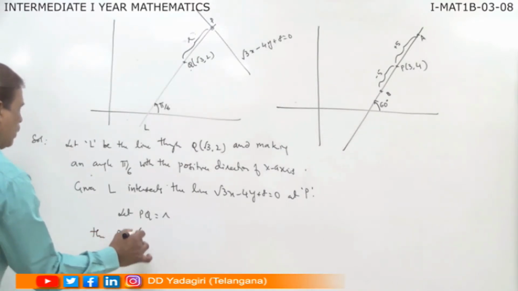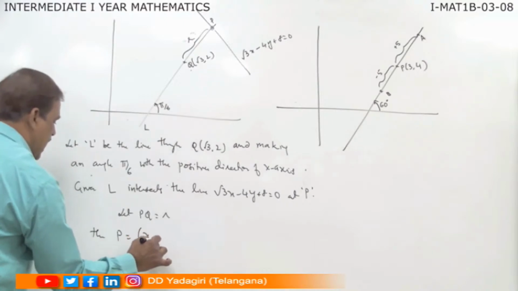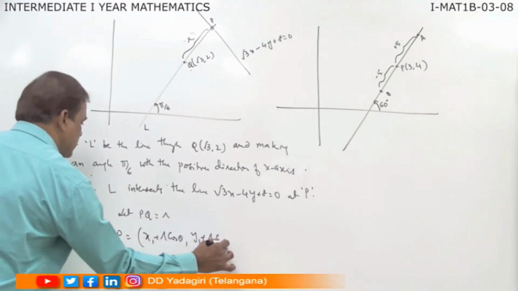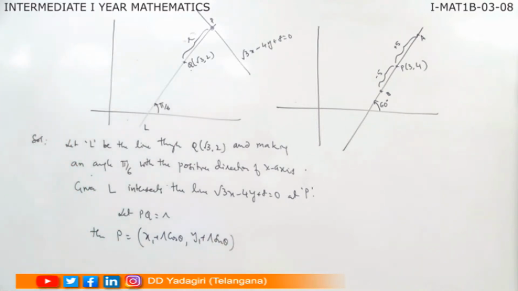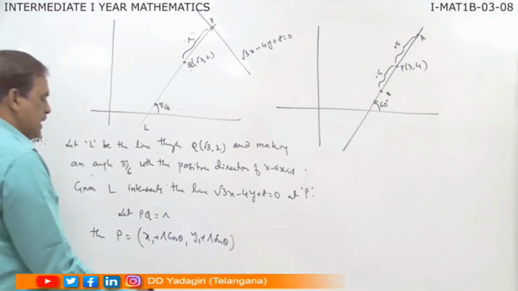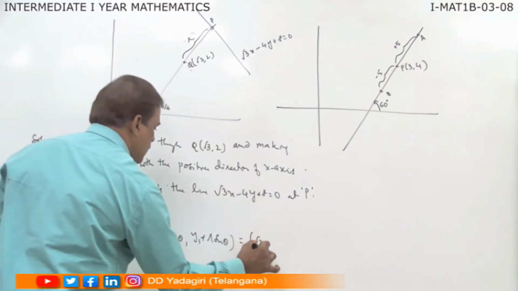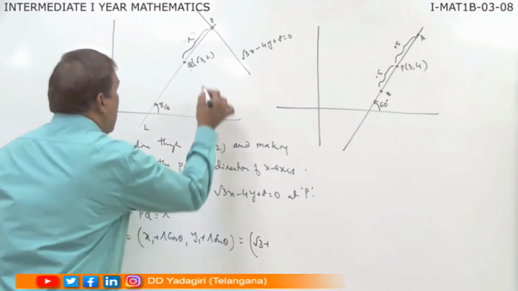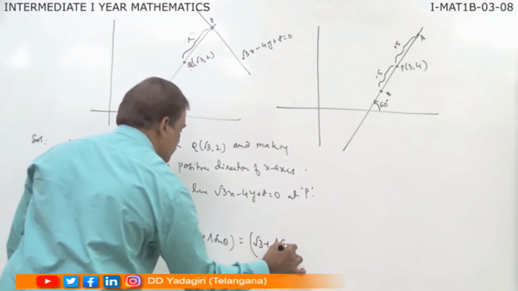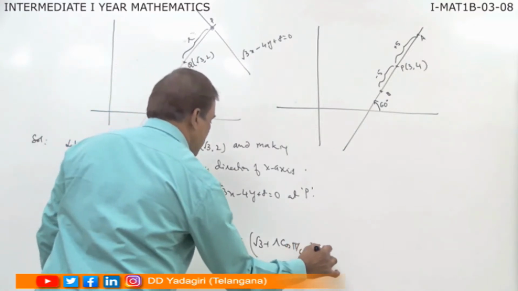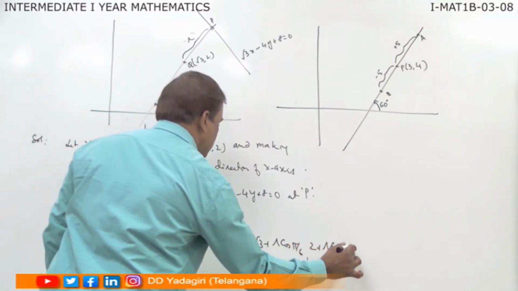P will be equal to (x1 plus R cos theta, y1 plus R sin theta). P is nothing but x1 plus R cos theta, y1 plus R sin theta. అంటే ఏమవుతుంది? x1 అంటే ఎంత ఇక్కడ? √3 plus R cos pi by 6, and y1 is 2 plus R sin pi by 6.